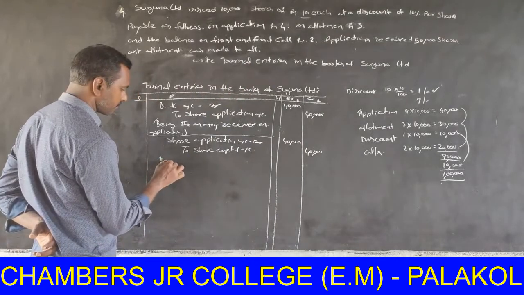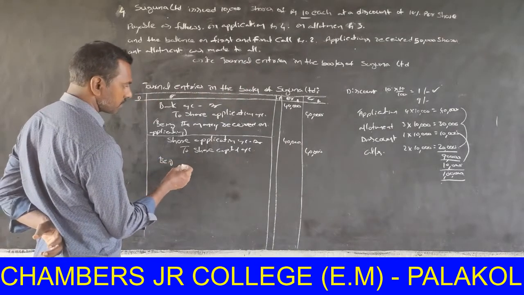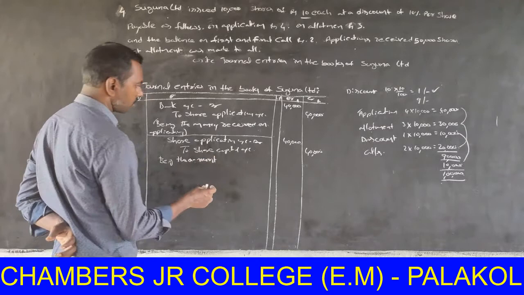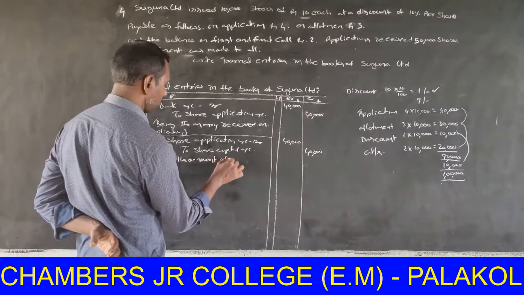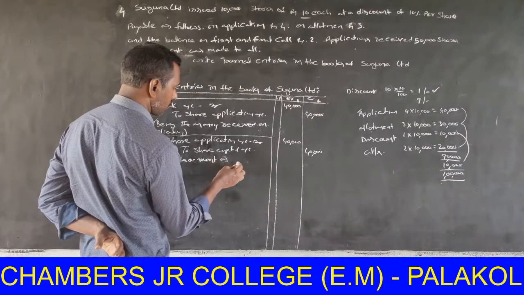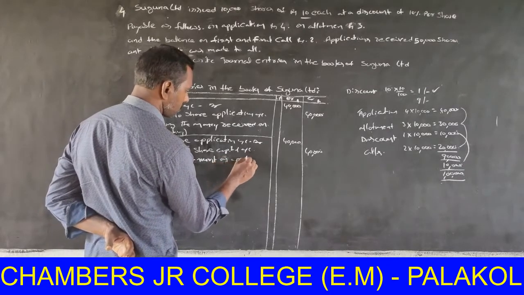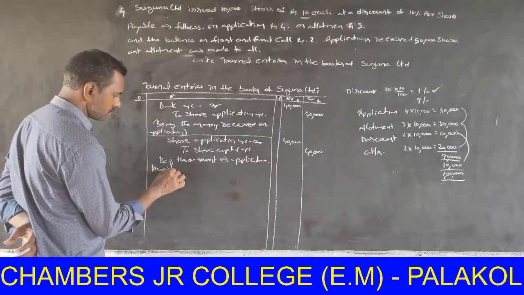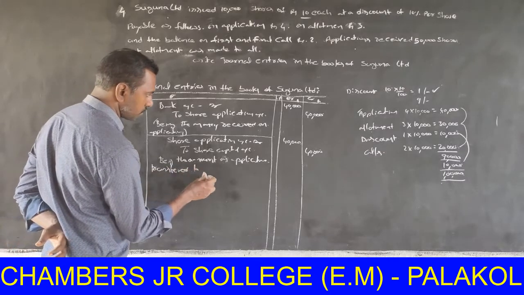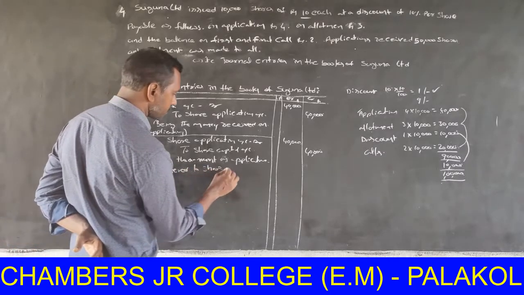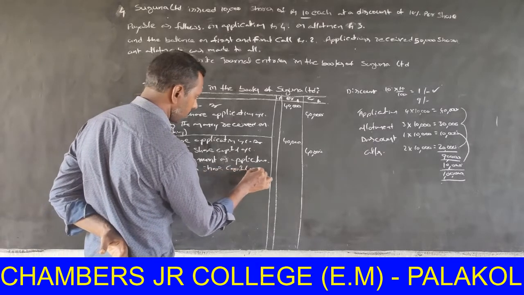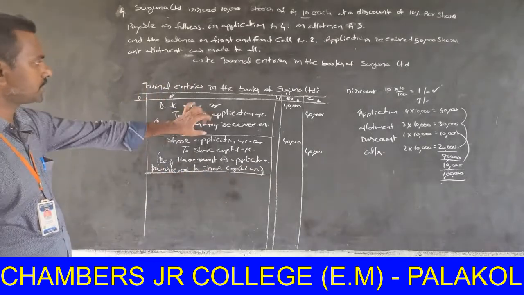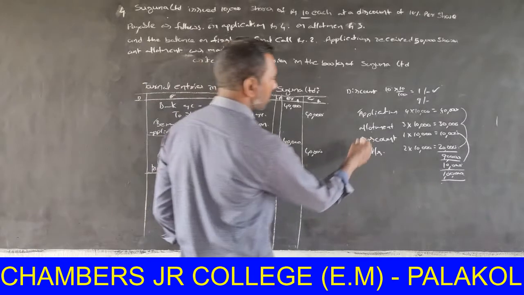Being the amount on application transferred to share capital account. These two entries are for share application, and after that allotment.